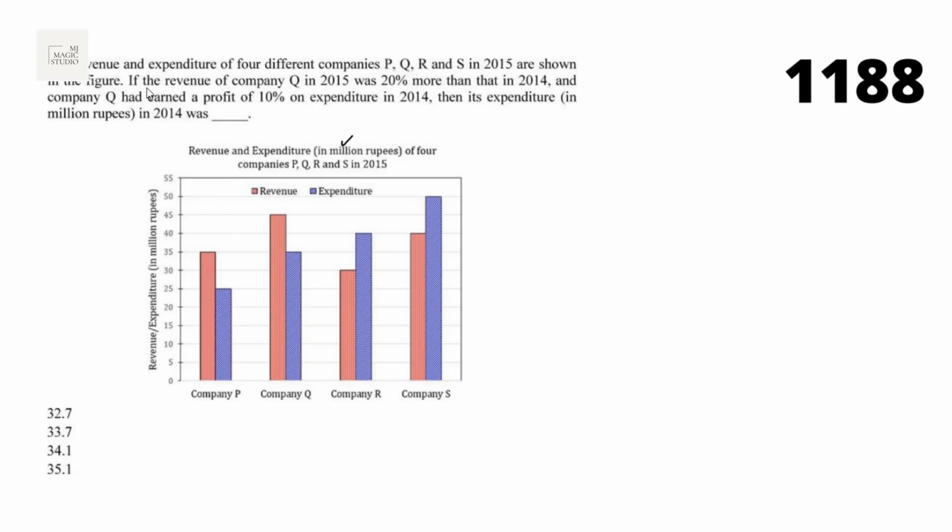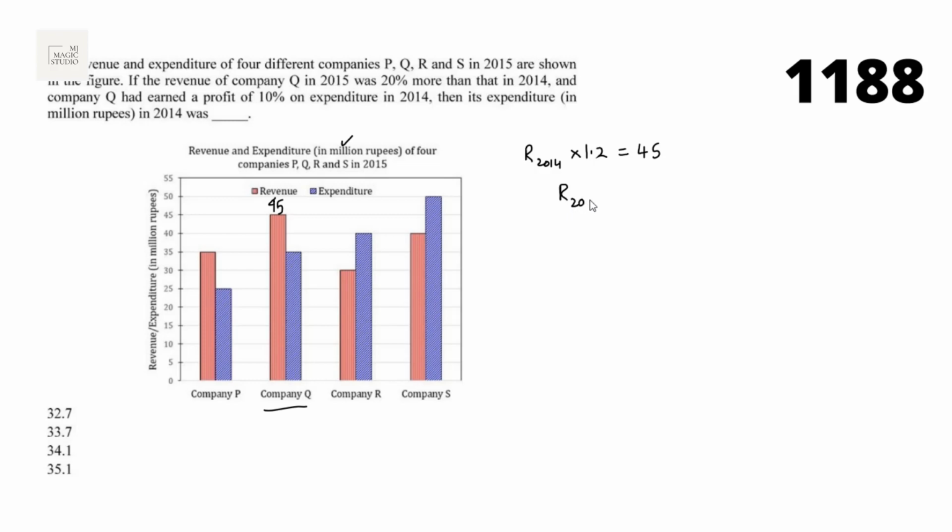If the revenue of company Q in 2015 was 45 million rupees, 20% more than that in 2014, that means company Q's revenue in 2014 into 1.2 equals revenue in 2015, that is 45.